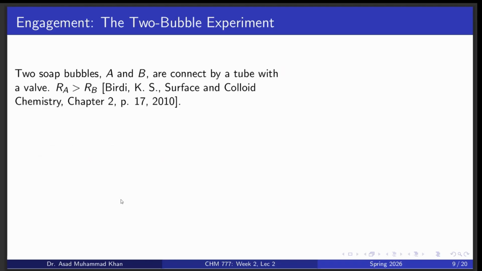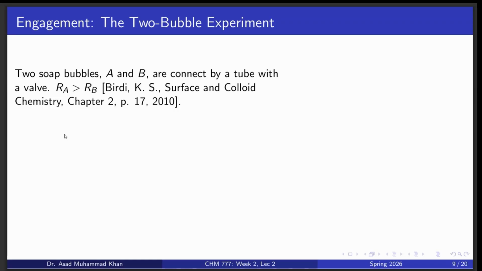Two soap bubbles, that is, if we have A and B, are connected by a tube with a valve, just like we saw, in which, let's say, RA is greater than RB. ये भी हमने देखा था ना स्टार्ट में कि we have two soap bubbles and they are connected by a tube and one is bigger than the other. ठीक है?